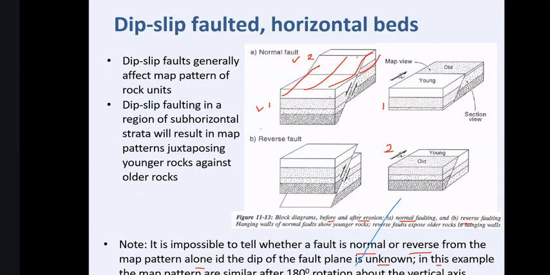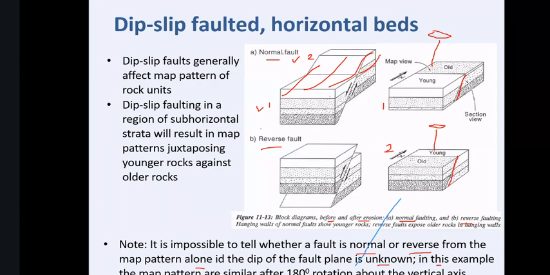So if you don't know the dip of this fault plane, it's difficult to tell whether you're looking at a thrust fault. All I want you to see is your eye's view will be this. You must know the orientation of this fault plane to be able to determine if you're looking at a reverse fault or a thrust fault.